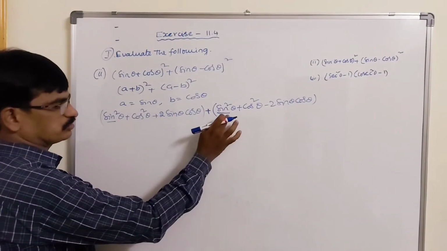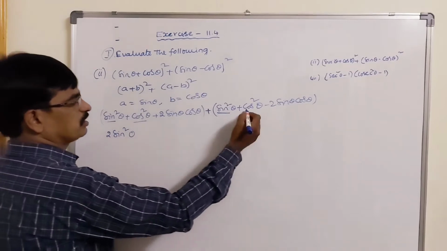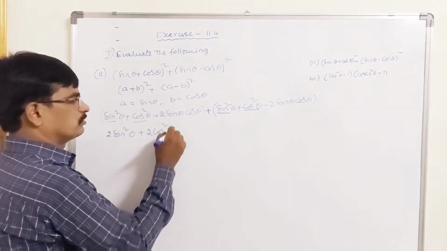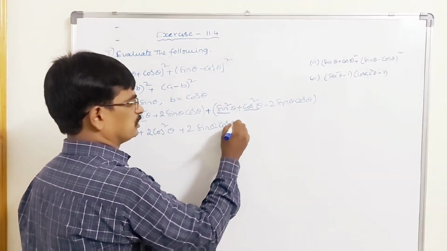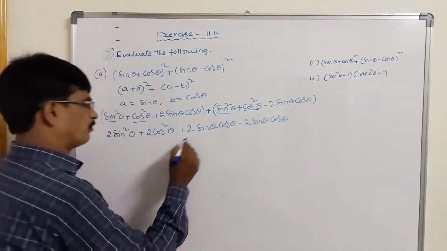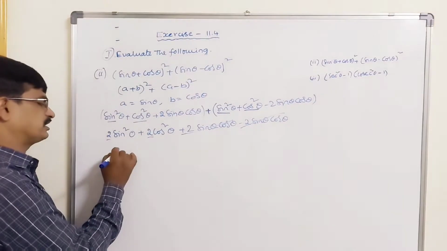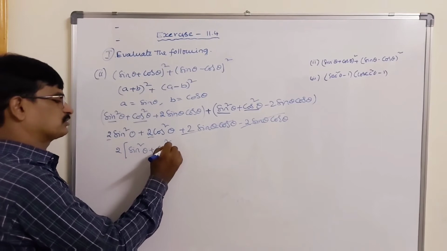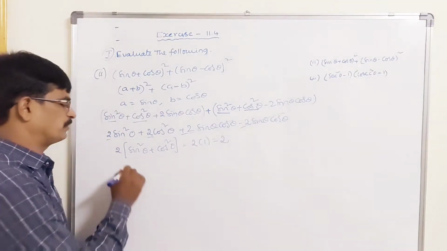Sin square theta becomes 2 sin square theta, plus 2 cos square theta, plus 2 sin theta cos theta minus 2 sin theta cos theta. Plus 2 sin theta cos theta and minus 2 sin theta cos theta cancel out. By making 2 a common factor, sin square theta plus cos square theta is equal to 2 into 1, which is equal to 2. This is one method.